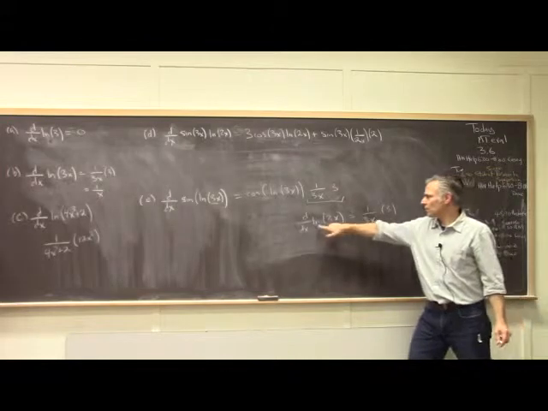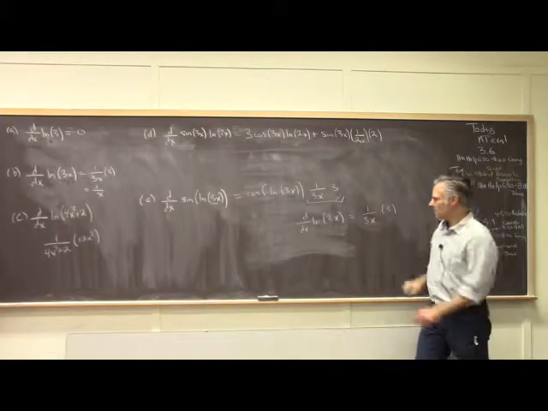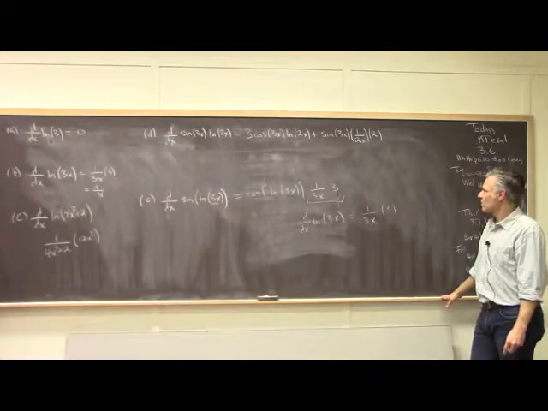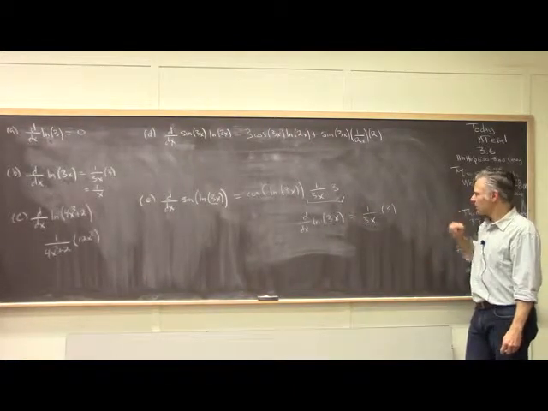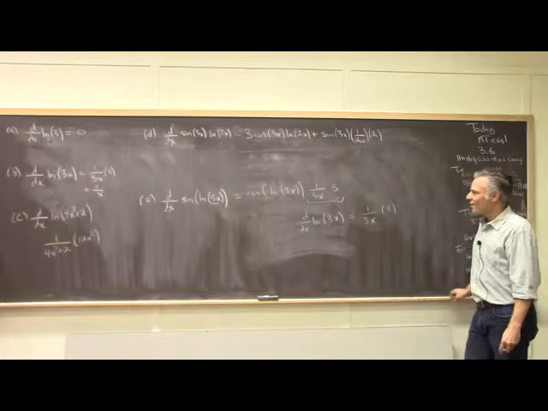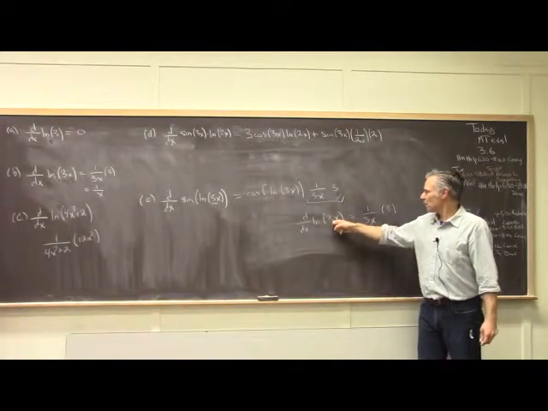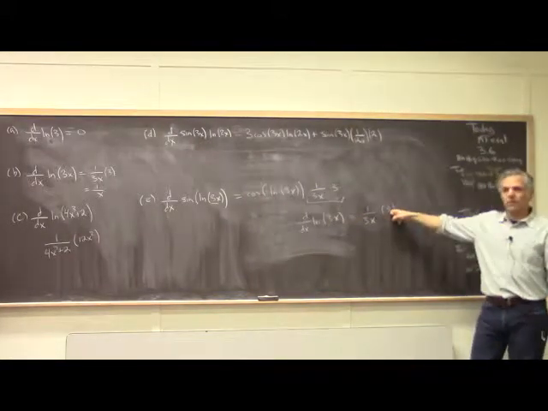But isn't the derivative of 3x 1 over x? Because you have to do the chain rule for that, so you get a 3 also. No, I think the derivative of log of this is 1 over 3x. And then you do take the derivative of 3x, and that's what this 3 is.